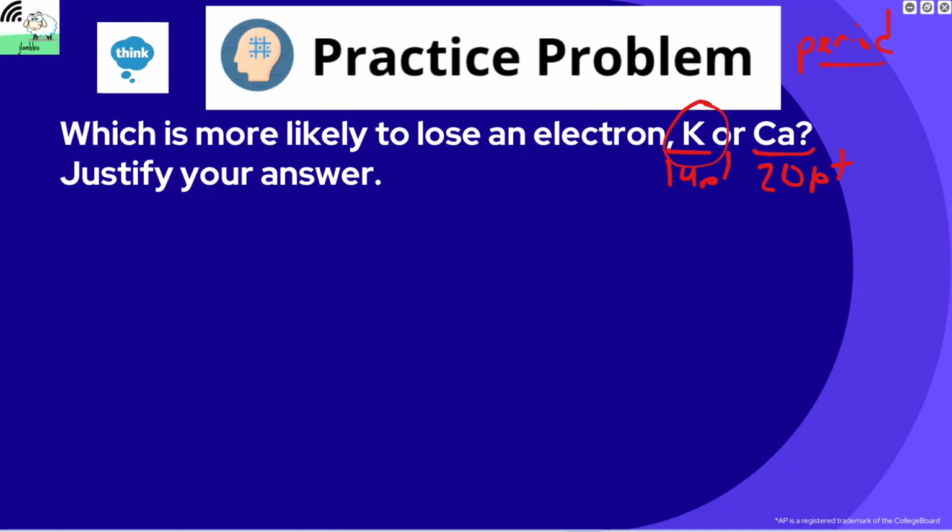So in this instance, I would say K is more likely to lose an electron than calcium.